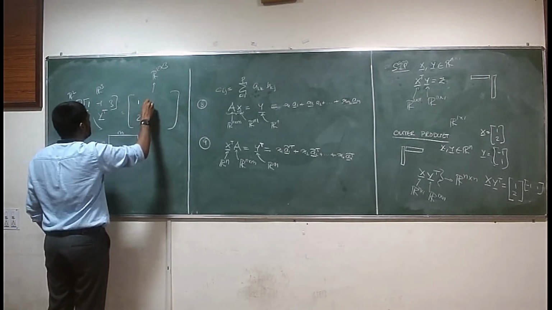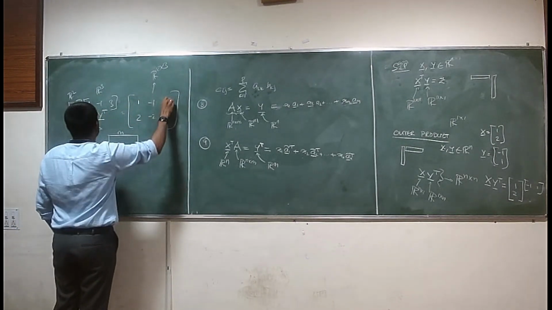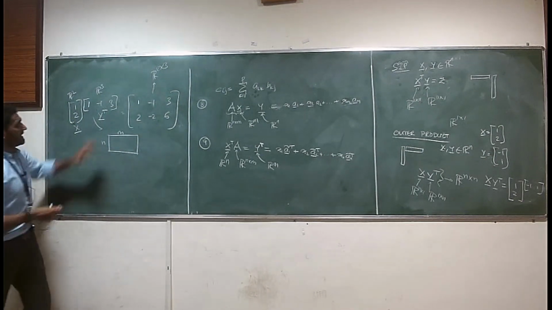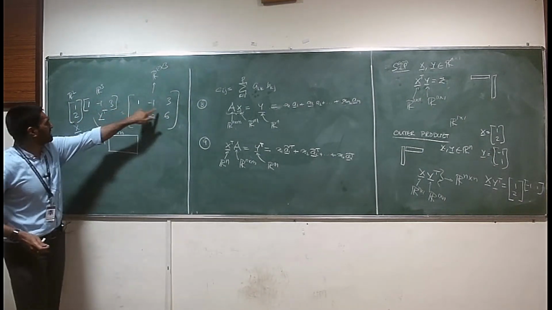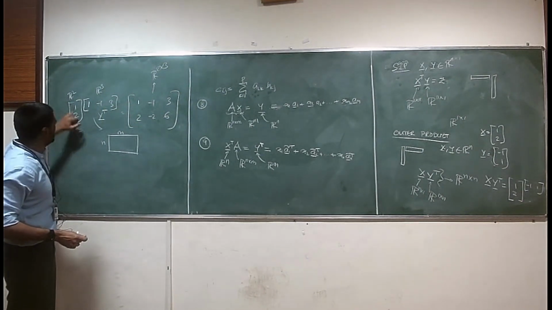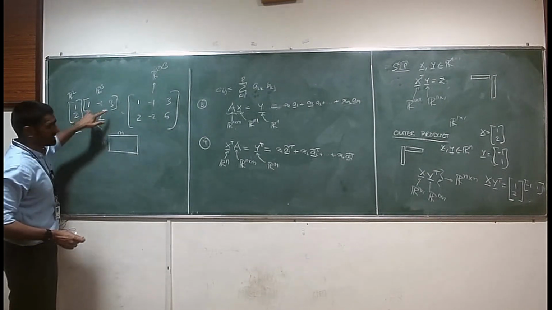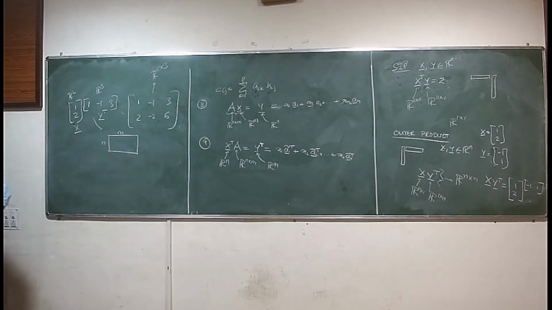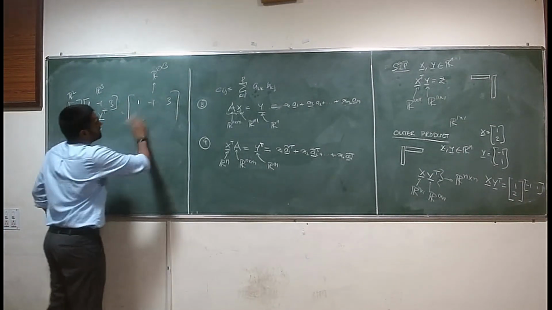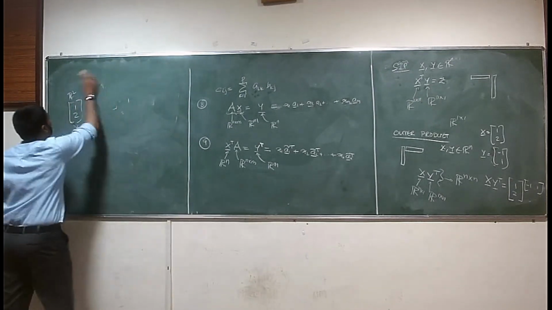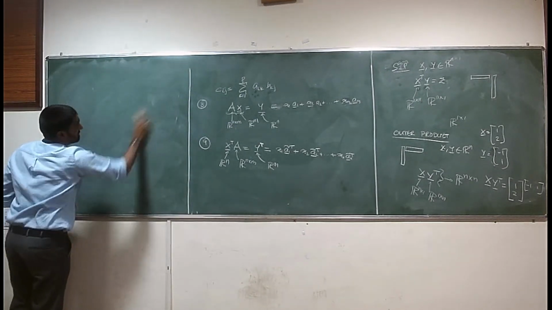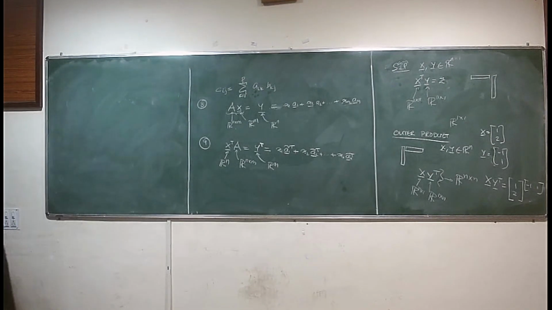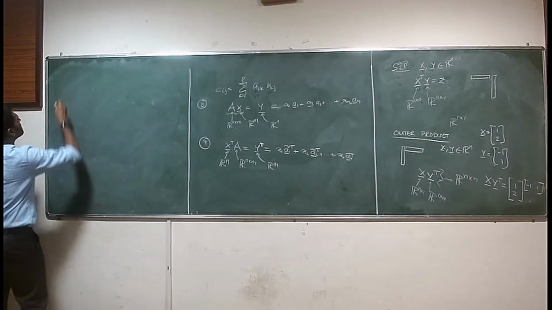It's easy: 1, 2; minus 1, minus 2; 3, 6. There are 2 rows, and the first row is simply this because the first scale is 1. The second row is 2 times this. Now with that, we move on to talk about the general case of multiplying two matrices.